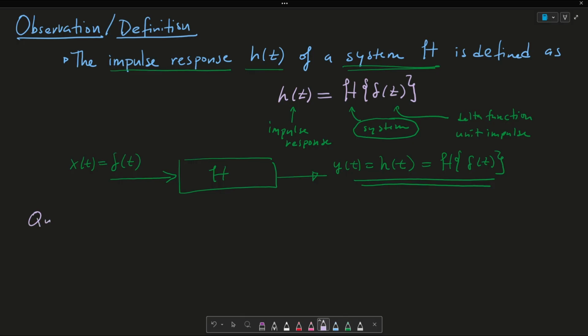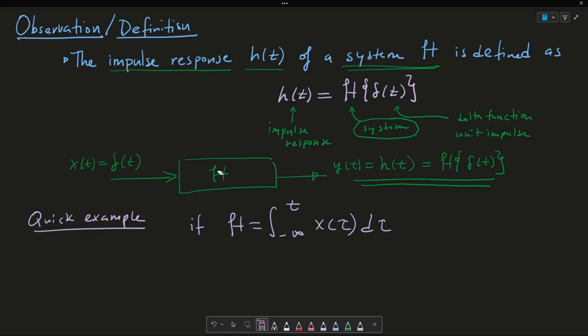Let me take a quick example to really drive home the point. Imagine I have a system h that takes the integral from negative infinity to t of my input, x of tau d tau. Whatever input you put into this h, it's going to take an integral of that input.